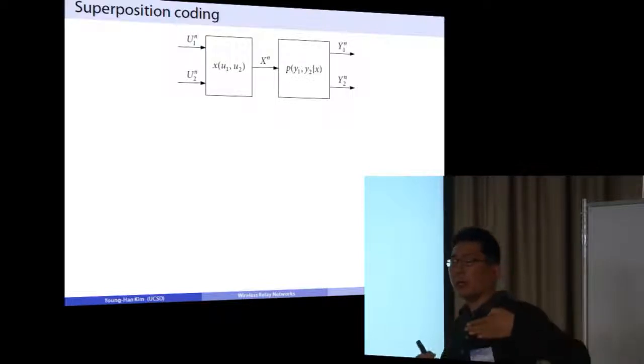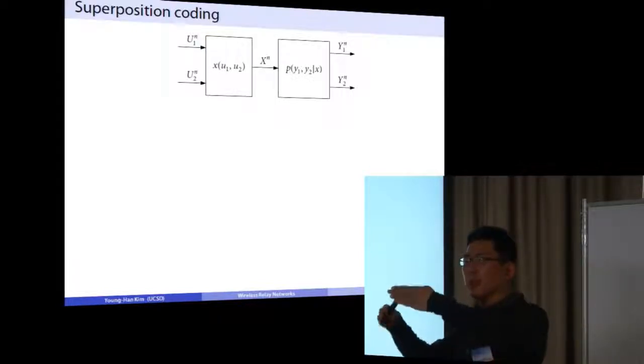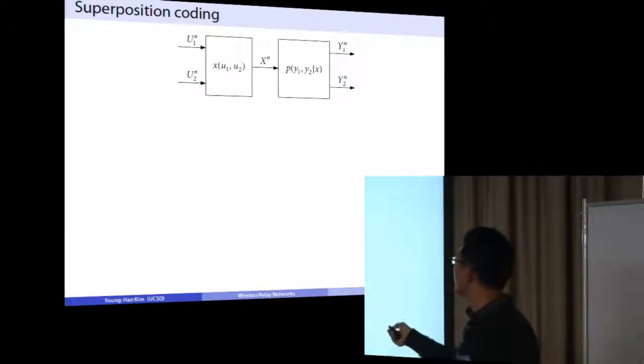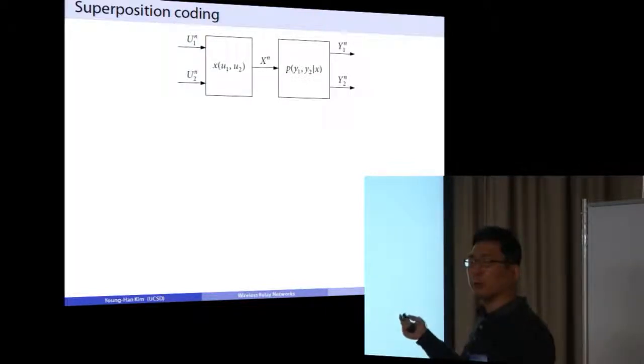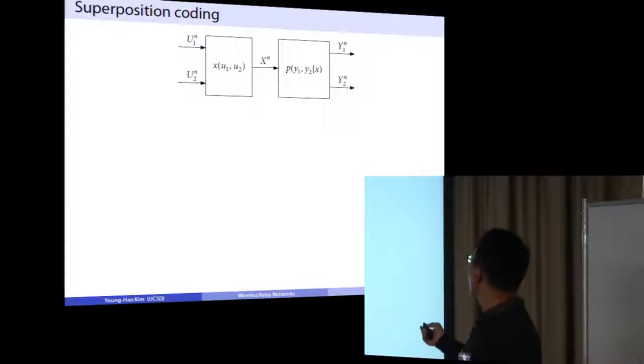And for simplicity, you can view it as there is a U1 signal, there is a U2 signal, and you simply add them to generate x^n. And then you transmit that x^n signal, and y1 and y2 each have noisy versions of this x signal. And y1 would like to recover u1, and y2 would like to recover u2.